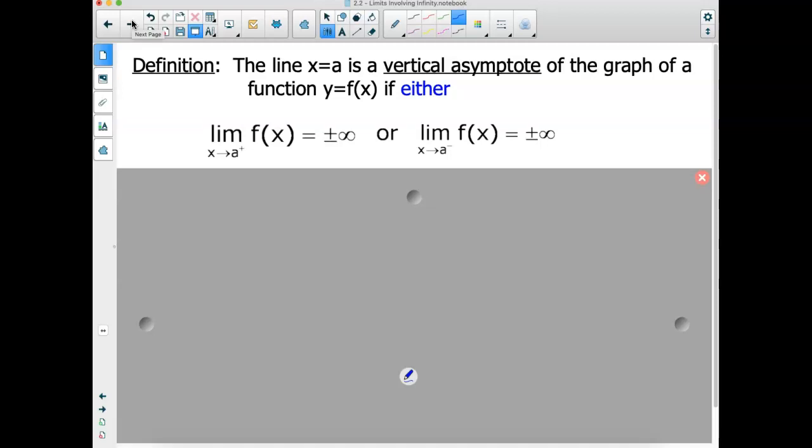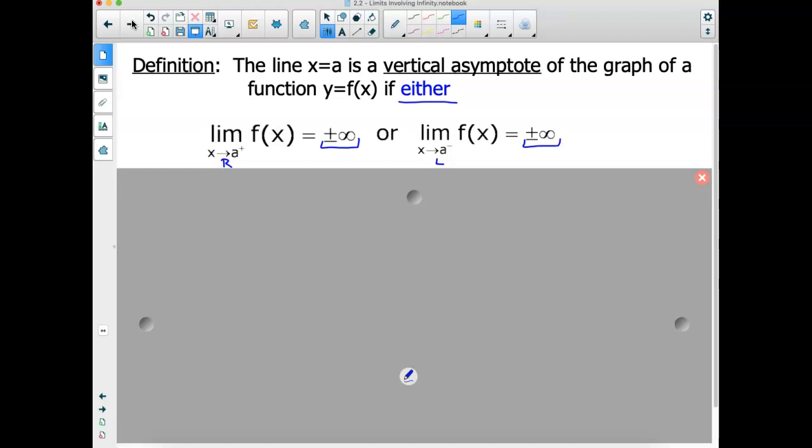Formal definition, okay? The line x equals a, that's why I had you turn everything to a's up there from your c's. The line x equals a is a vertical asymptote of the graph of a function y equals f of x if either the limit as I approach that a value from the right side, as I get closer and closer to a from the right side, if I grow up or down without bound, or if I approach a from the left side, I grow or go down without bound.